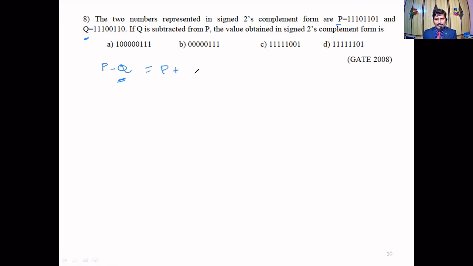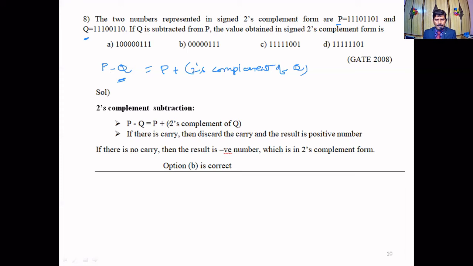That means P plus the 2's complement of Q. We need to find P plus the 2's complement of Q. If there is a carry, then discard the carry, and the result is a positive number. If there is no carry, then the result is a negative number, which is in 2's complement form.